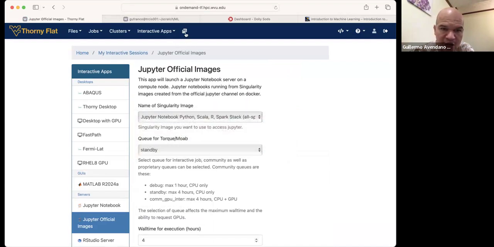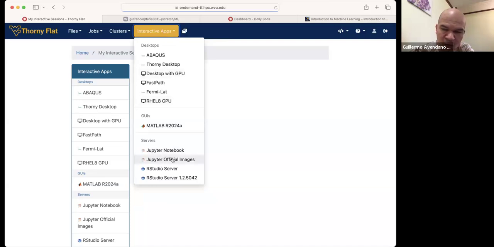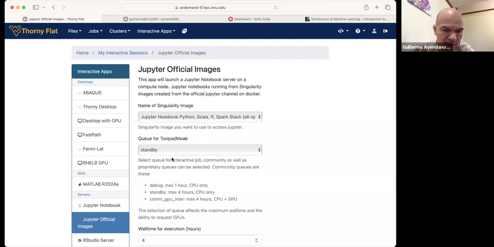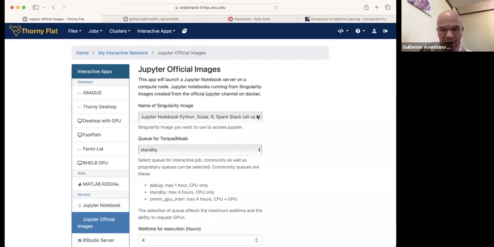So what I did was, here the interactive apps, and I went to Jupyter official images. The reason is because I think for rendering the formulas, there is something that is missing on the Python modules that were installed on the singularity containers. So I need to check that.